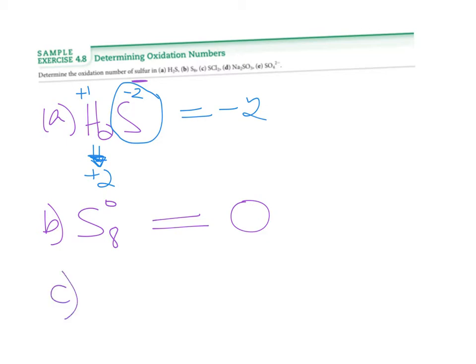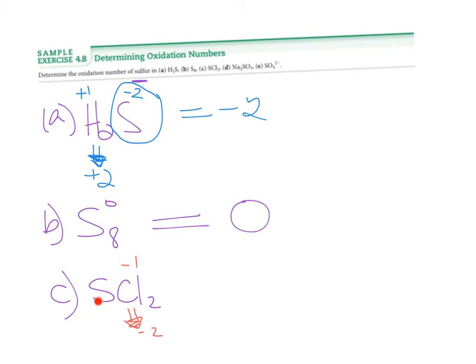The next one, C, we have sulfur chloride. So in this case, we said in one of our rules that the oxidation number of chlorine, of the halogens, is usually -1, unless we have a reason to make it not -1. So we're going to make it -1 here. Now we have 2 chlorines. So if each chlorine has an oxidation number of -1, that's a total oxidation charge on both chlorines together of -2.